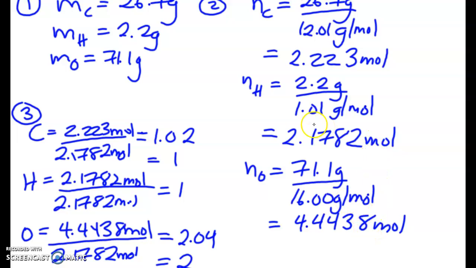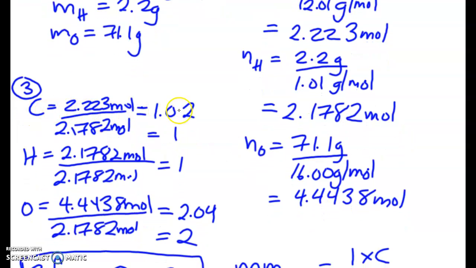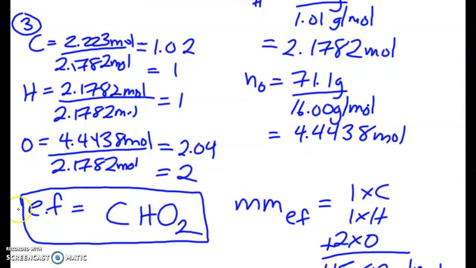We take the smallest number of moles, which was hydrogen, and divide each of the mole values by the smallest. That's step 3. We end up getting 1 carbon, 1 hydrogen, 2 oxygens. So the empirical formula is CHO2.